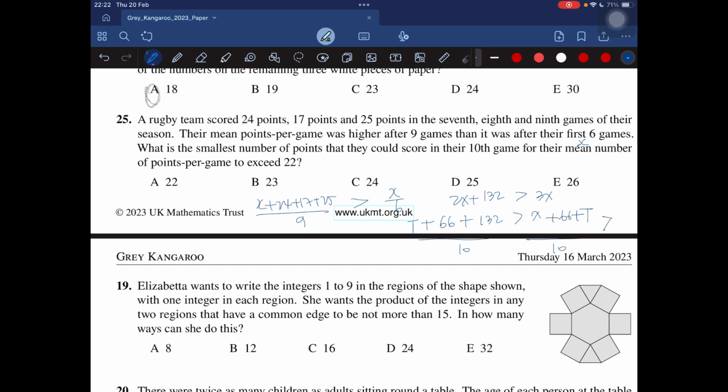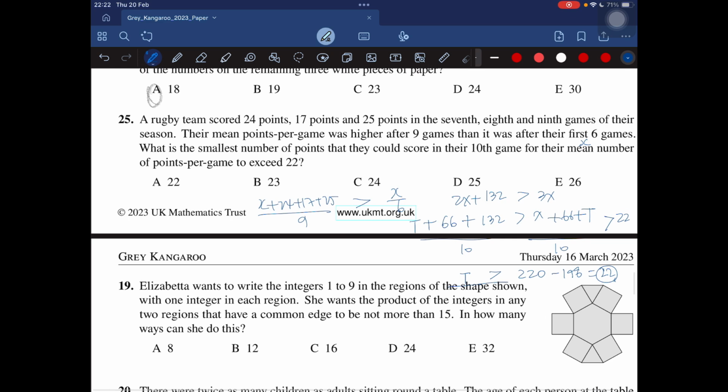This should exceed 22. Then t is larger than 220 minus 198, which is 22. So it should be larger than 22, so it can be 23.